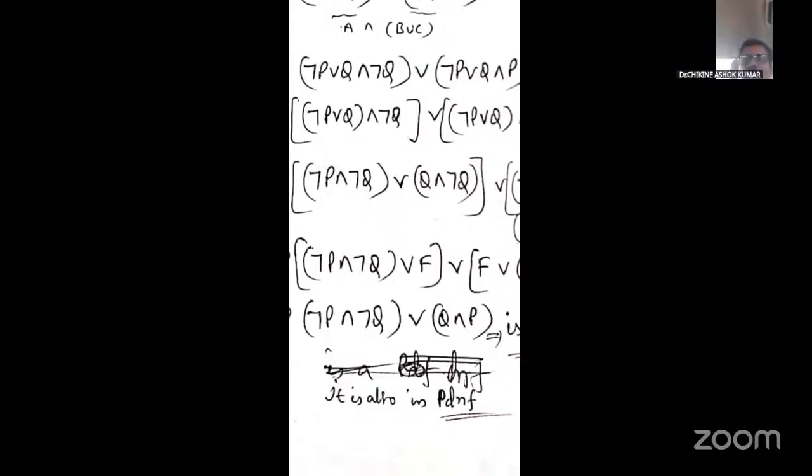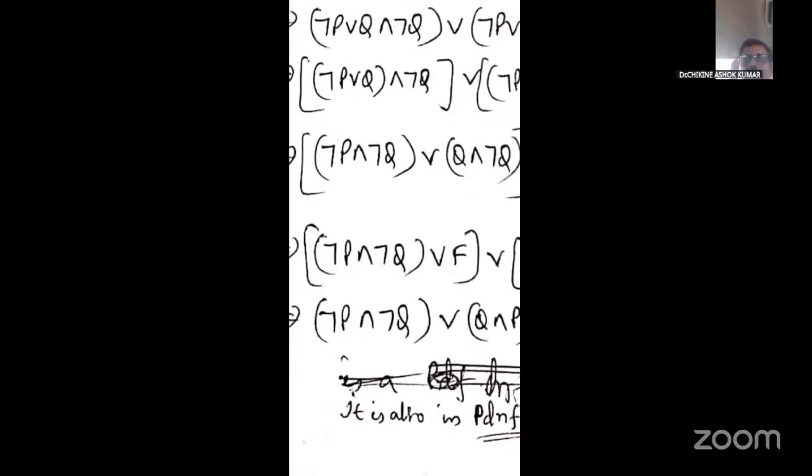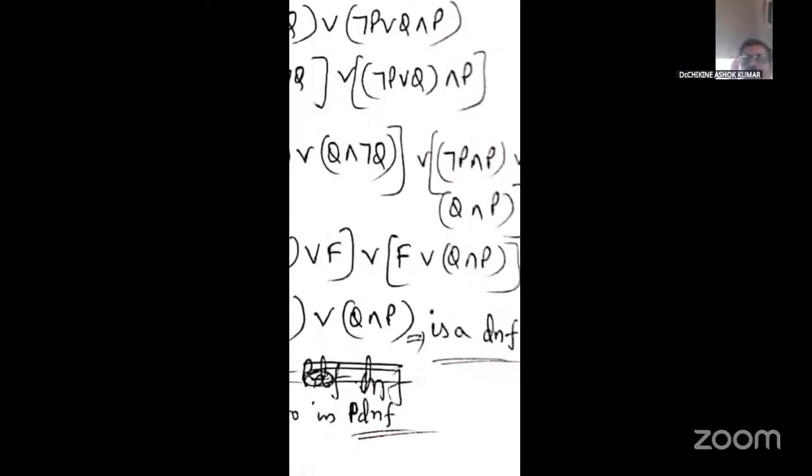So negation P intersection negation Q union false union Q intersection P: any proposition union with false gives the same proposition. So we will get negation P intersection negation Q union Q intersection P.